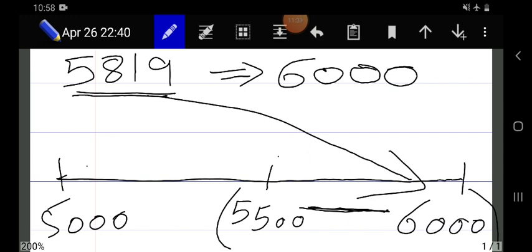As we are estimating to the nearest thousand, we will estimate it to the next number that contains three zeros, that is 6,000.